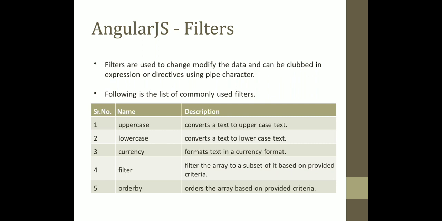Means if there is an array and if you want to provide a particular condition, so that only minimum or required array elements should be viewed, so at that time the filter can be used. Then order by is used to order the array based on provided criteria.